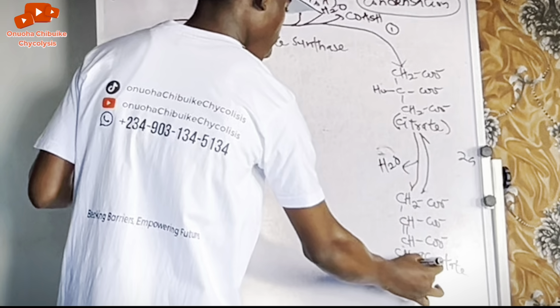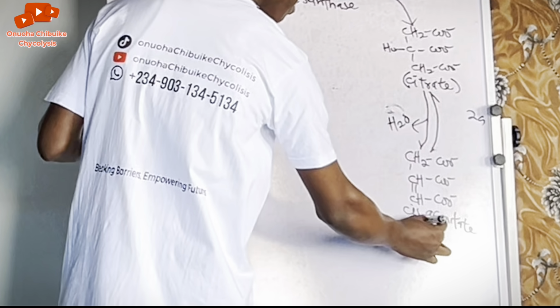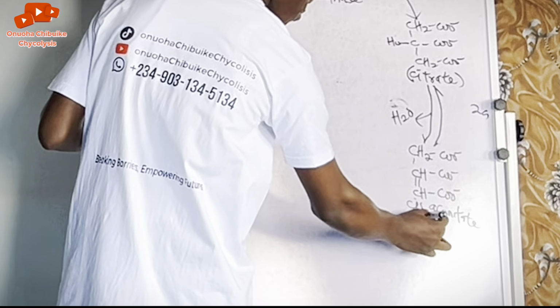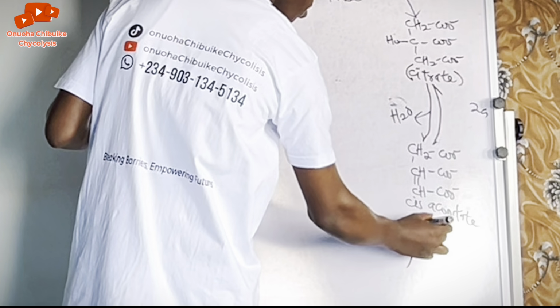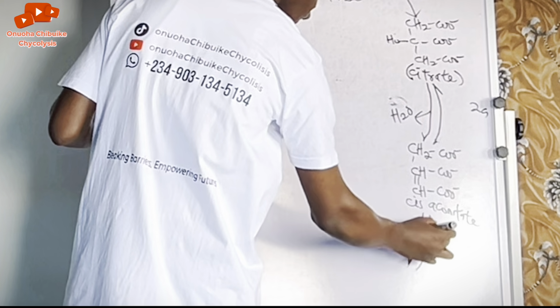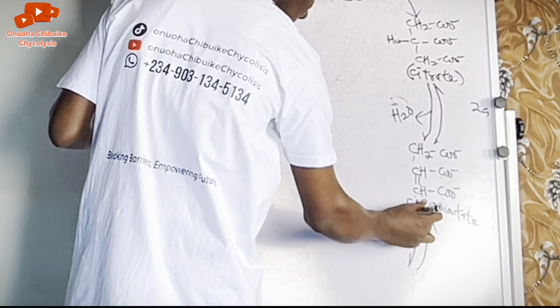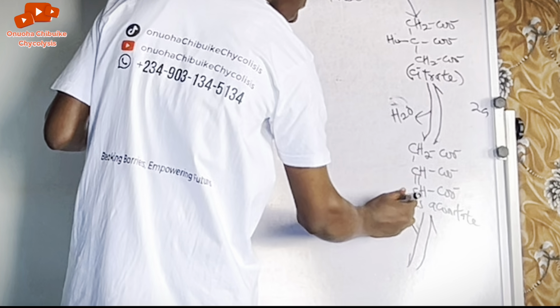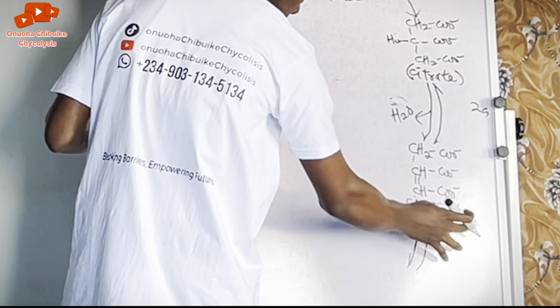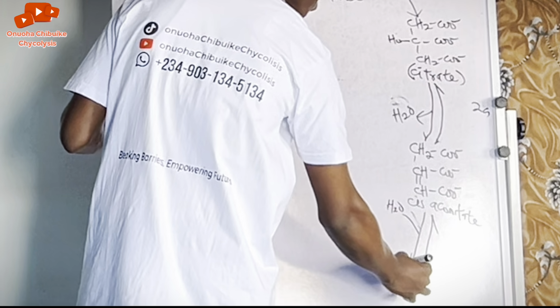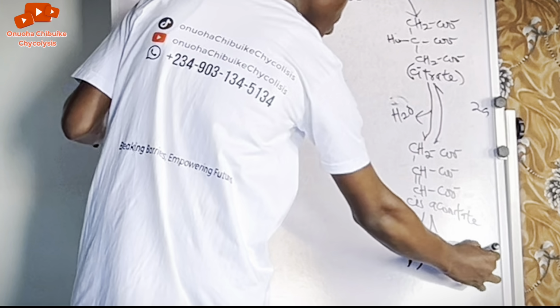So 2B is now the rehydration, the addition of water to cis-aconitate to produce isocitrate. So this is 2B.